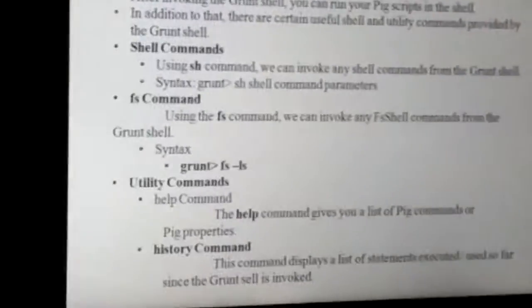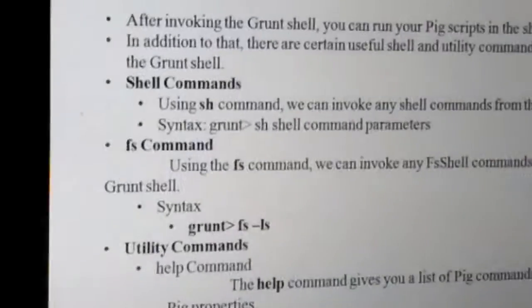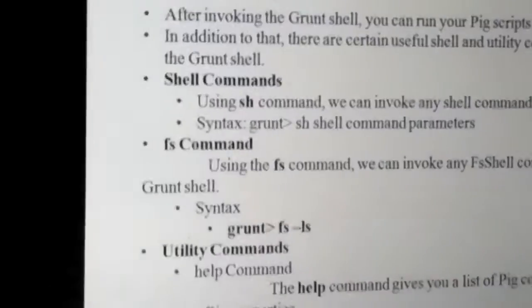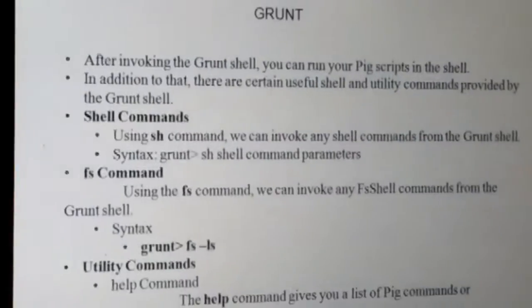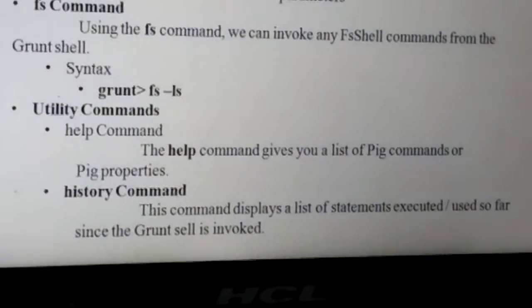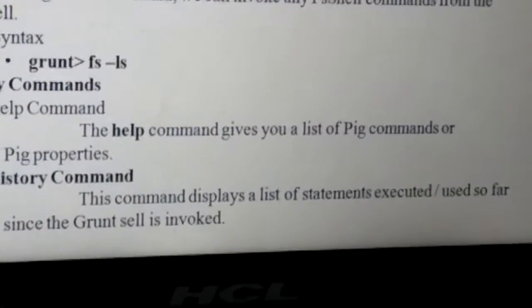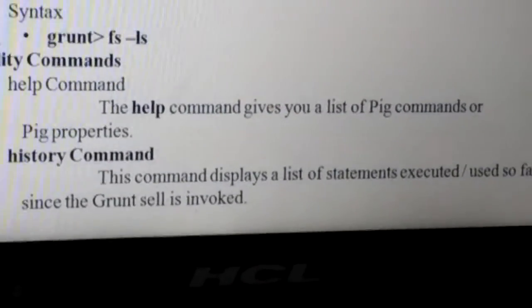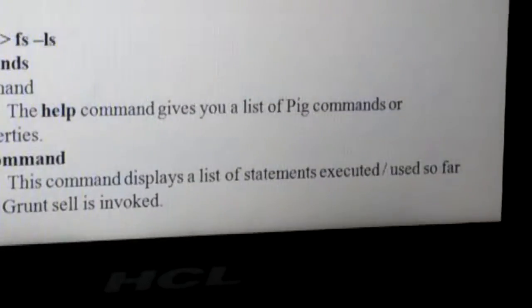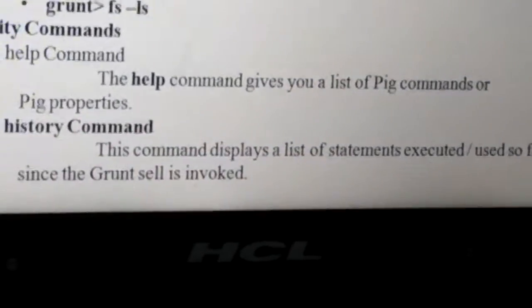The syntax is grunt, then fs -ls. This is for listing the files. Then utility commands, help. The help command gives you a list of pig commands or pig properties. Then history command. This command displays a list of statements executed so far since the grunt shell was invoked.